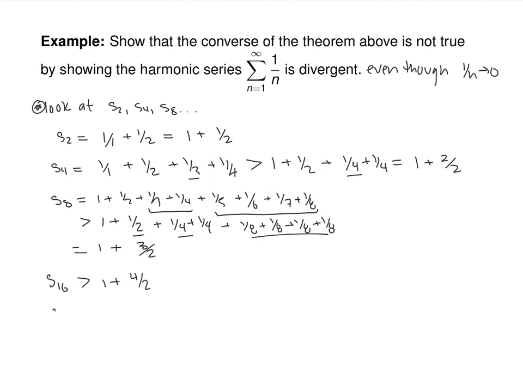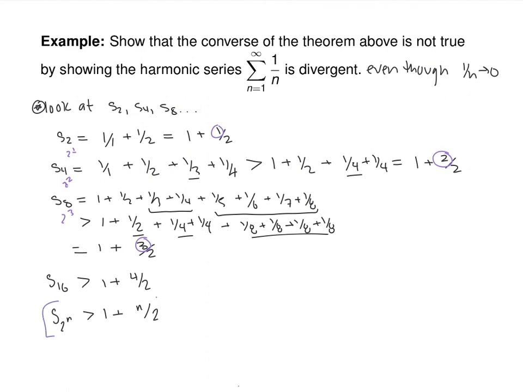So in general, the partial sum S2 to the n is bigger than or equal to 1 plus n over 2. Because notice that here, this was 2 to the first, and we had 1/2. 2 to the second, and we had 2/2. 2 to the third, 1 plus 3/2.